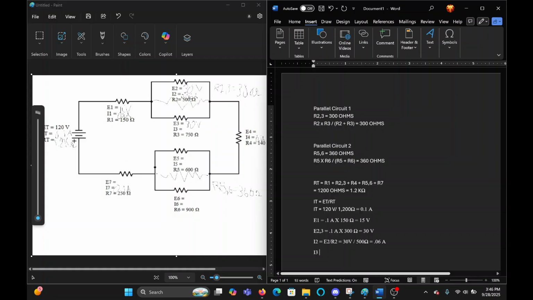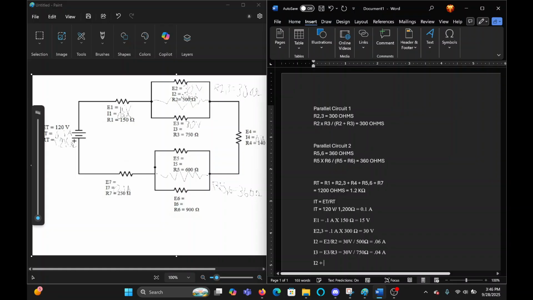I3 is equal to 30 volts divided by 750 ohms, because we're going to use the same equation right here. E3 divided by R3 is going to equal that, and that is going to equal 0.04 amps.